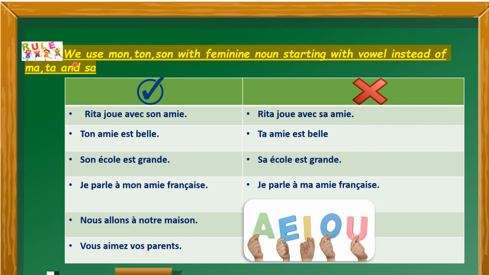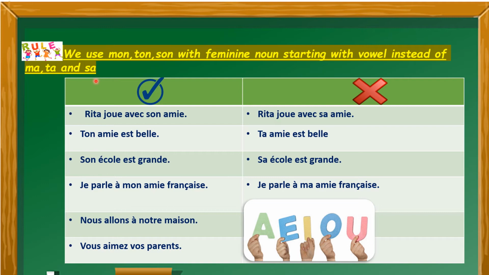In the French language, the vowels are A, E, I, O, U, silent H, and Y. In English we use A, E, I, O, U, but in French grammar Y is also considered a vowel, along with the silent H. Rule number 2 says we use mon, ton, son with feminine nouns starting with a vowel instead of ma, ta, sa. In my previous slides, I showed you that we use ma, ta, sa with feminine nouns, but here the rule changes.